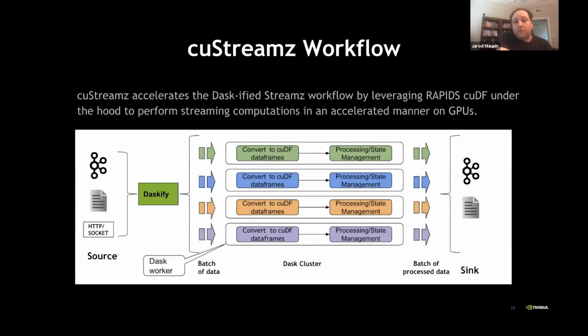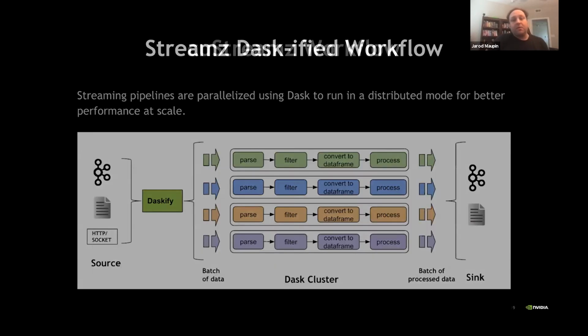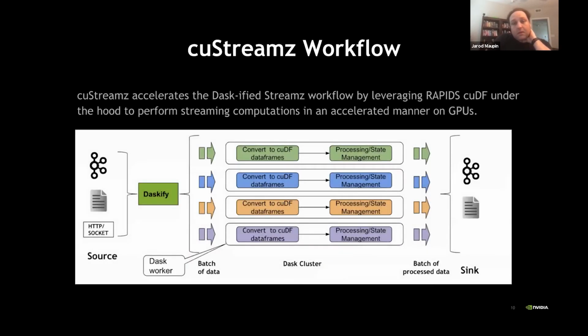So when we move to a cuStreamz workflow, like I said before on the previous slide, there's a lot of work here that happens before the data gets on the GPU. As I was mentioning, the data has to be on the GPU so we can utilize the GPU as much as we can.